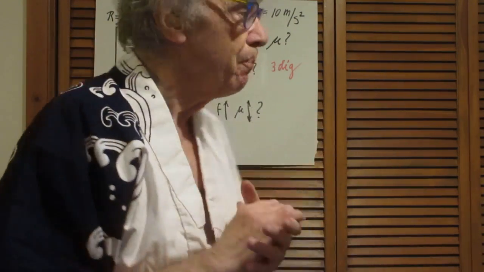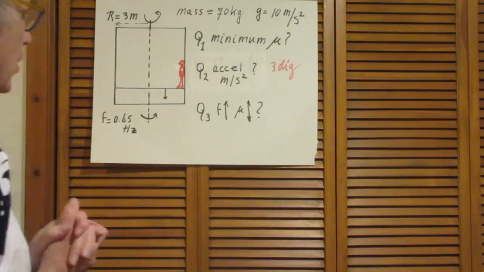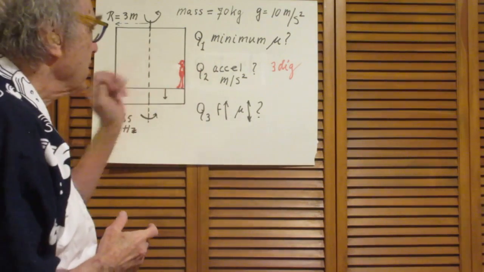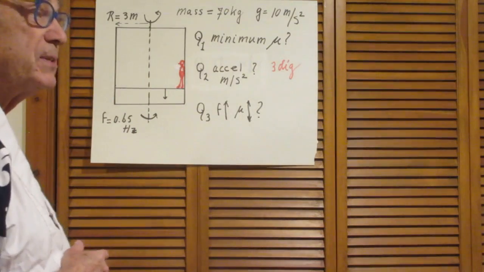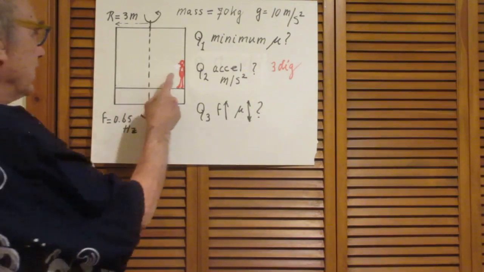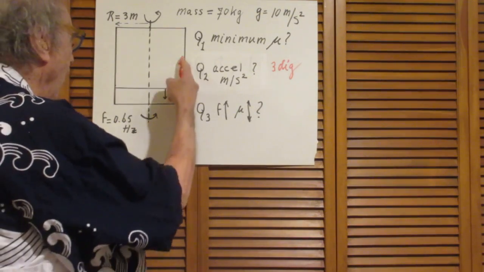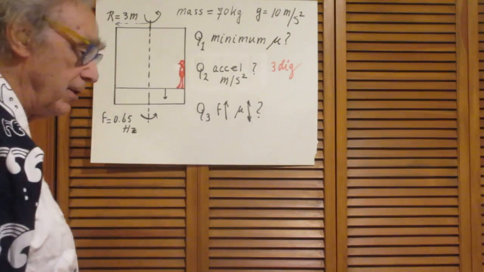3-digit precision is fine, SI units, okay? The question is, what is the acceleration that this person experiences at that frequency? Let's take the back of the person as the criterion.